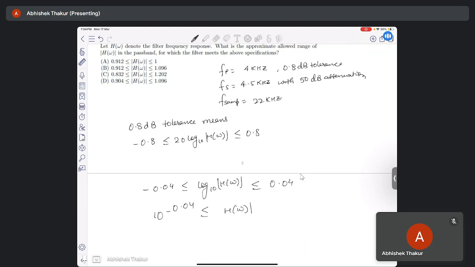So magnitude of H omega is greater than or equal to 10 to the power of minus 0.04 and less than or equal to 10 to the power of 0.04.